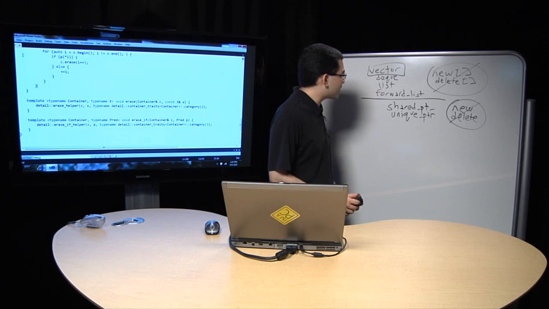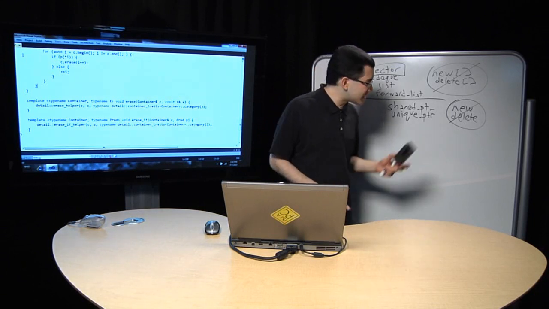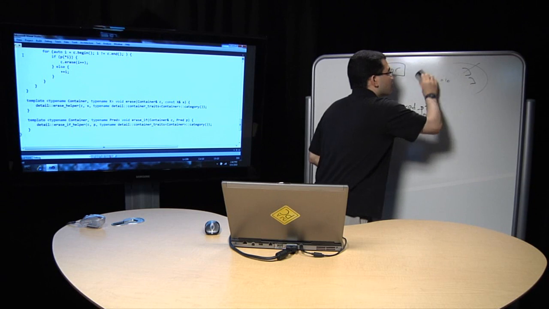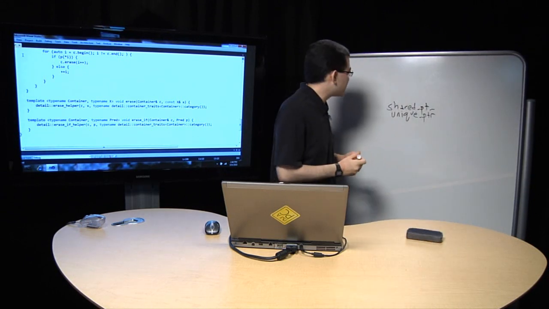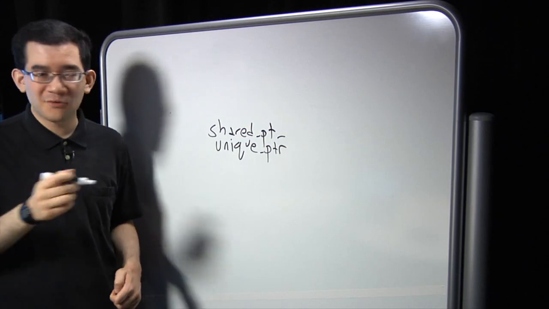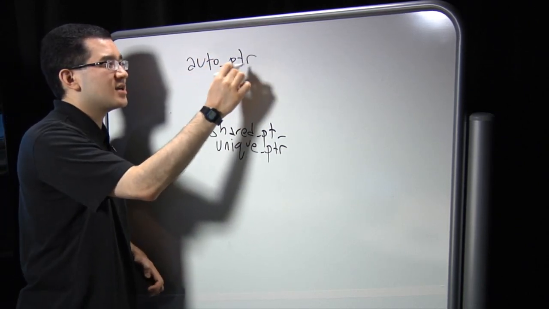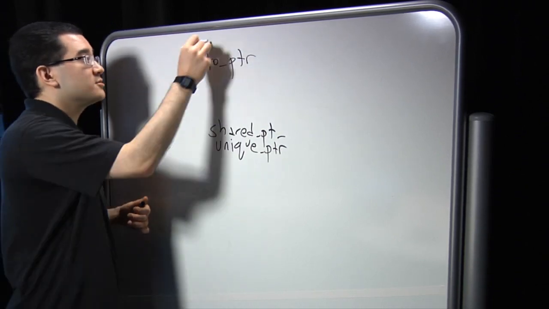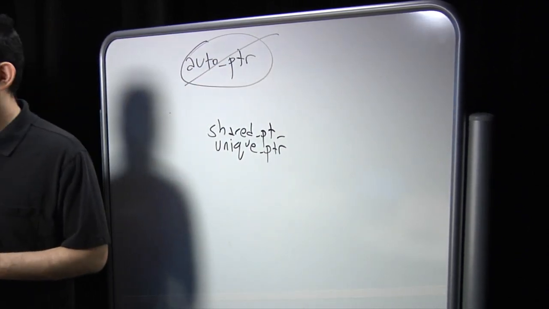Let's take a look at unique pointer first. Even though it is the most recently added, it's sort of the simplest to understand because it is owning a single object without any sort of reference count. So little note here, in C++98/03, there was a class called auto pointer, which if you've used the STL in olden days, you may have heard of. You should not use it. Auto pointer is now officially deprecated by the C++ Standardization Committee.